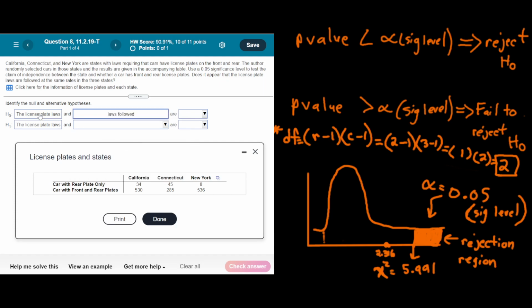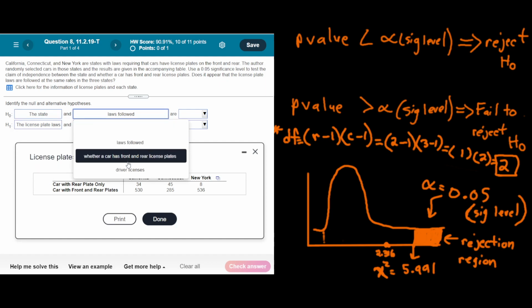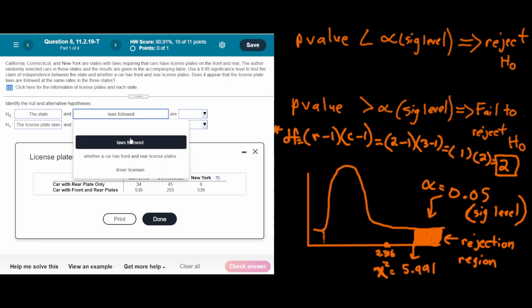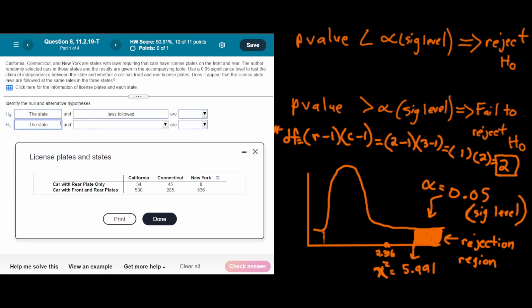I only noticed that because we need something talking about states here, something that can describe New York, Connecticut, and California, and none of these do. So it looks like they reversed it. They're so sneaky. So we're doing columns versus rows this time, which, like I always say, vice versa.